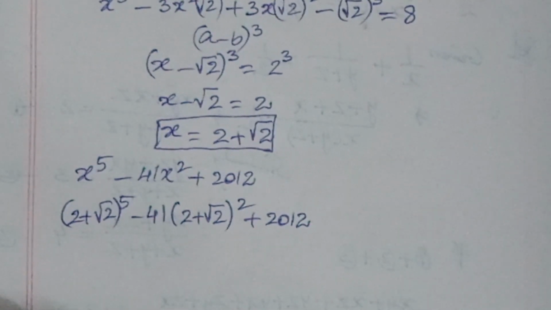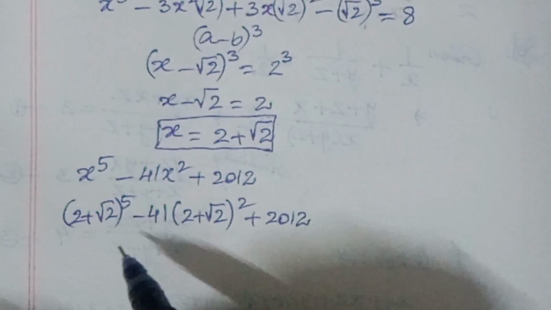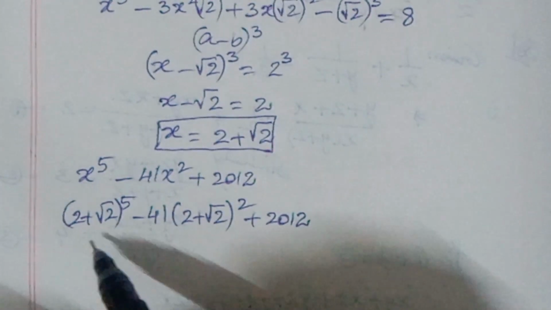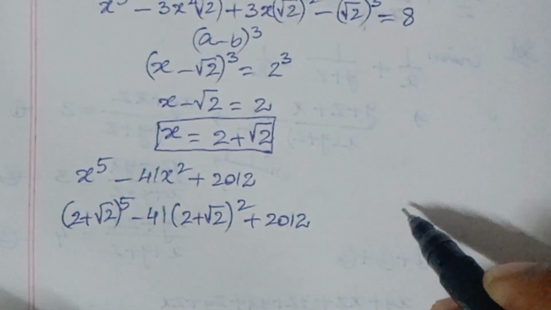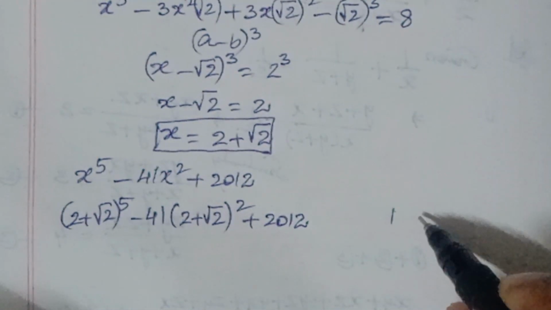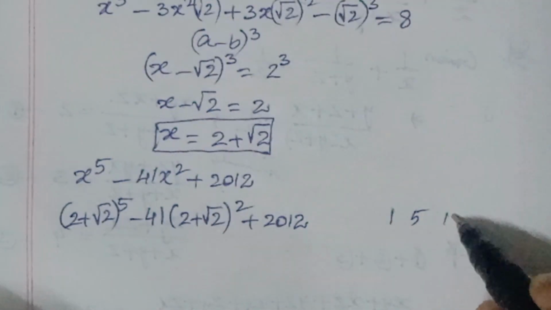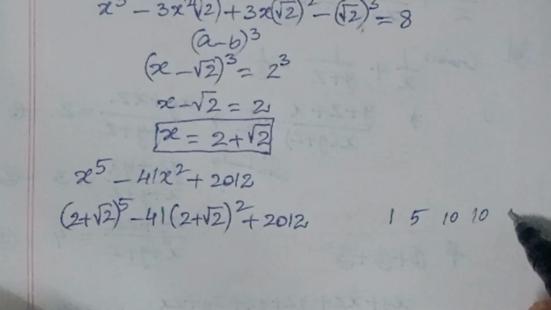Now we are doing a substitution. For 2 plus root 2 whole to the power of 5, here you will write the a plus b whole power 5 formula. You will get the coefficients 1, 5, 10, 10, 5, 1.